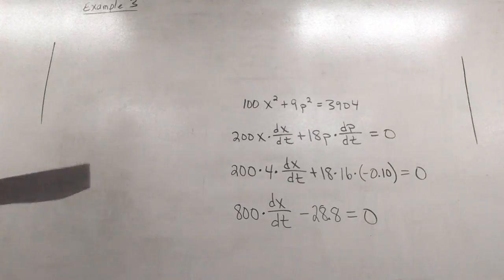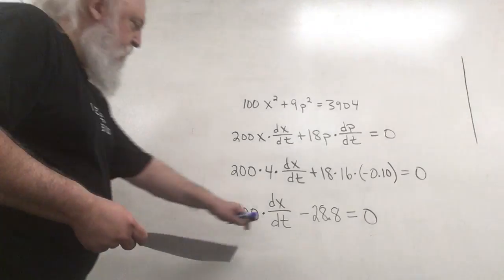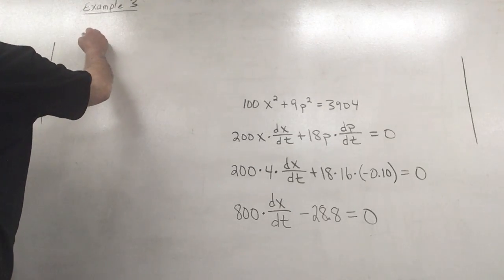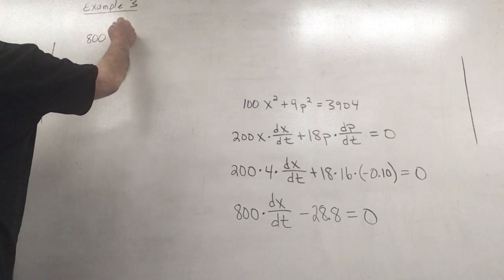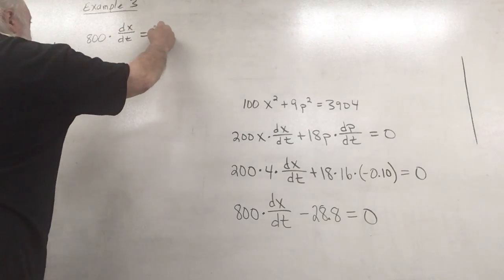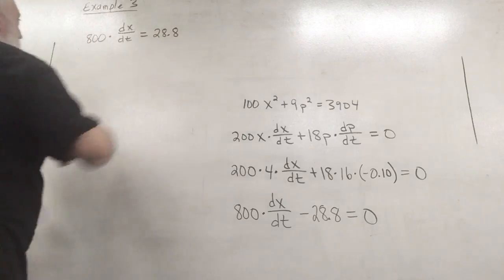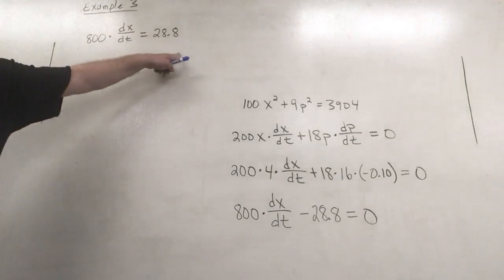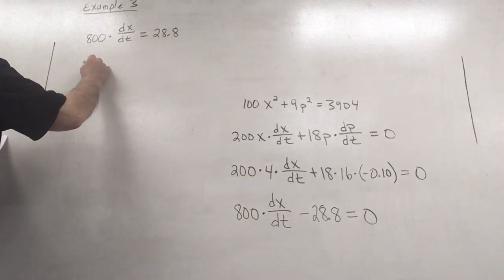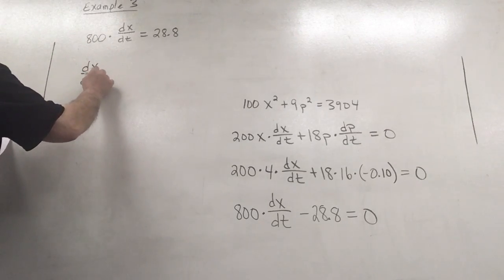So I add 28.8 to both sides, and I have 800 times dx over dt is equal to 28.8. And now I divide both sides by 800, and I get dx over dt.